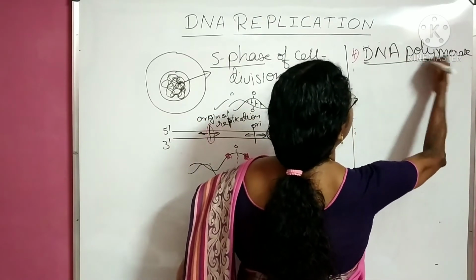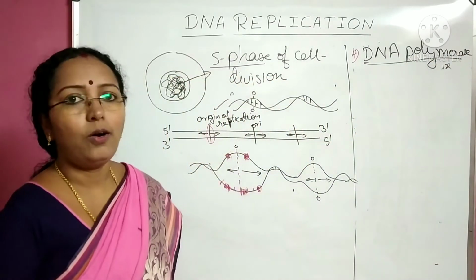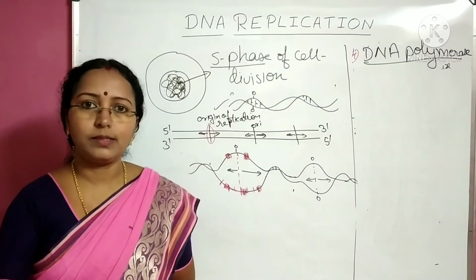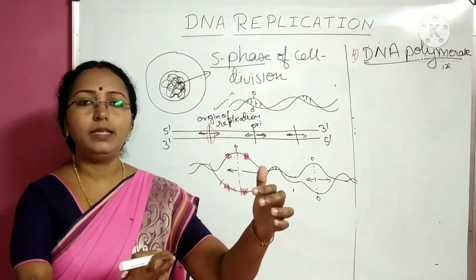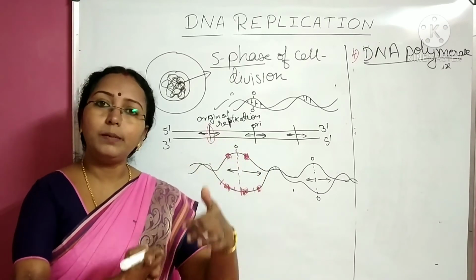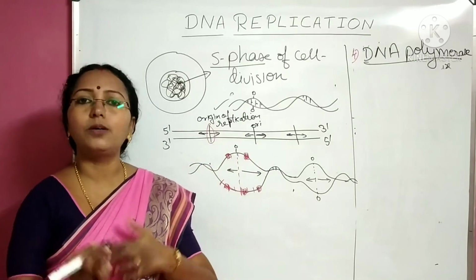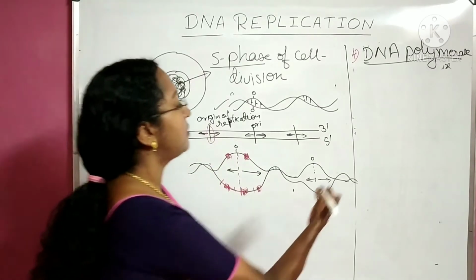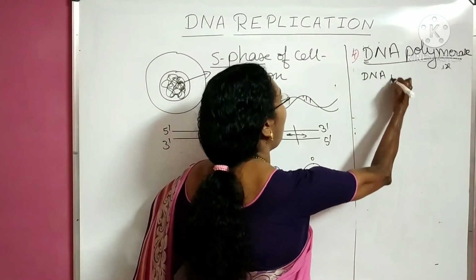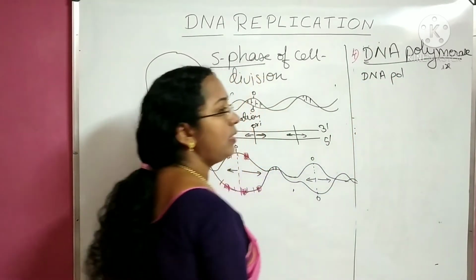It is also called as DNA dependent DNA polymerase, because depending upon the DNA strand, it is synthesizing new and new strand. So it is called as DNA dependent DNA polymerase, or simply DNA polymerase, or in short we also write it as DNA Pol, P-O-L, DNA polymerase.